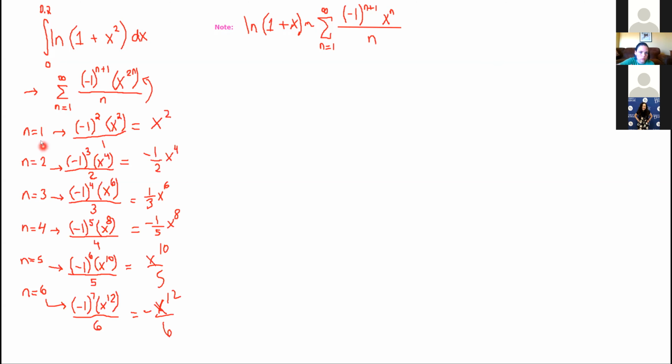Once we plug in the values for n, we get this column of numbers. And once we simplify that, we get this column of functions. Then we write the integral from 0 to 0.2.